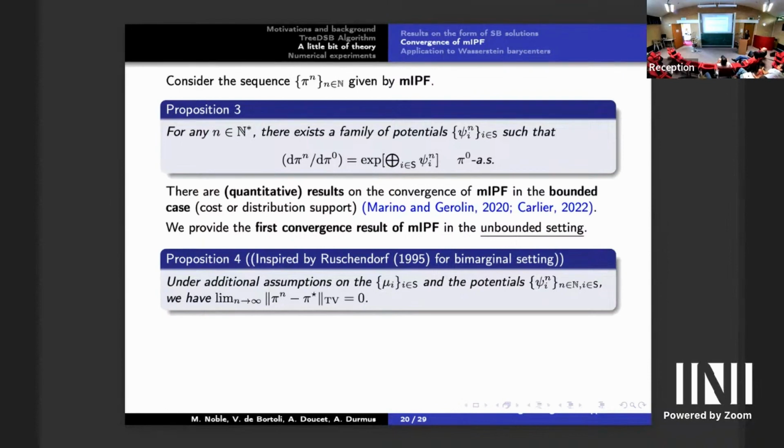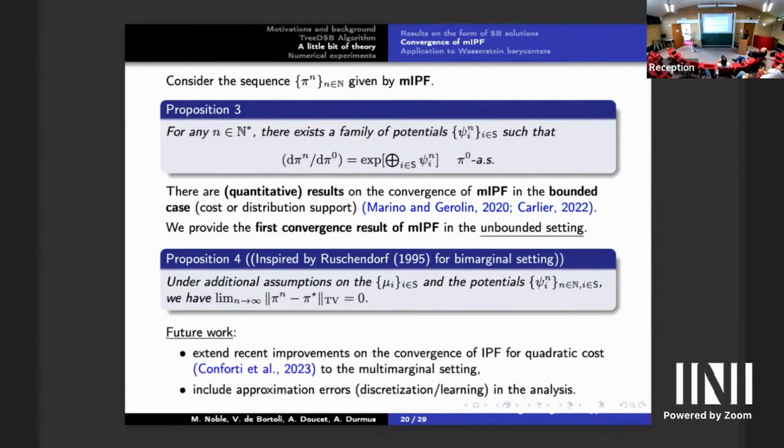But at least we have some convergence in total variation distance between our iterates and the true Schrödinger bridge under some assumptions on the potentials, like they are bounded in a certain way and the marginals have some properties. You cannot expect this assumption to be true in the real-world setting, but at least we have some convergence results. And so, yeah, this is not trivial at all, to extend some results.